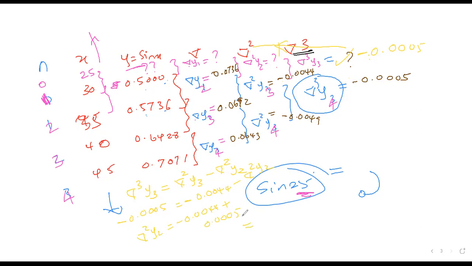So what is this answer? Minus 0.0044 plus 0.0005 will be, is that 4 or 5? What is the answer?